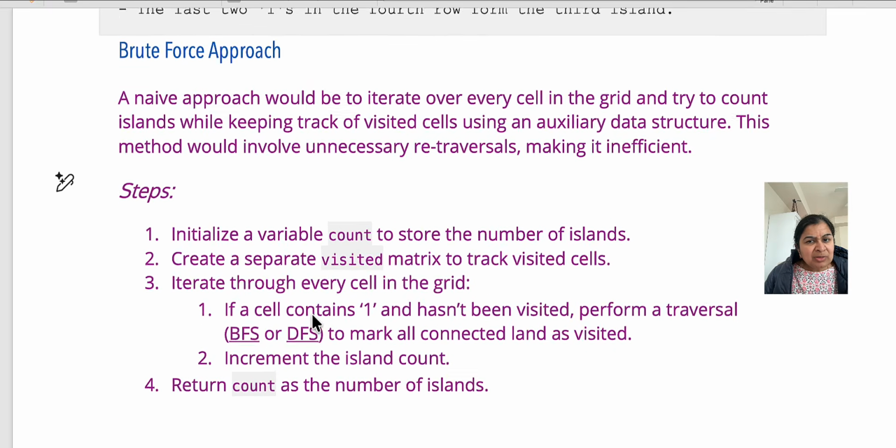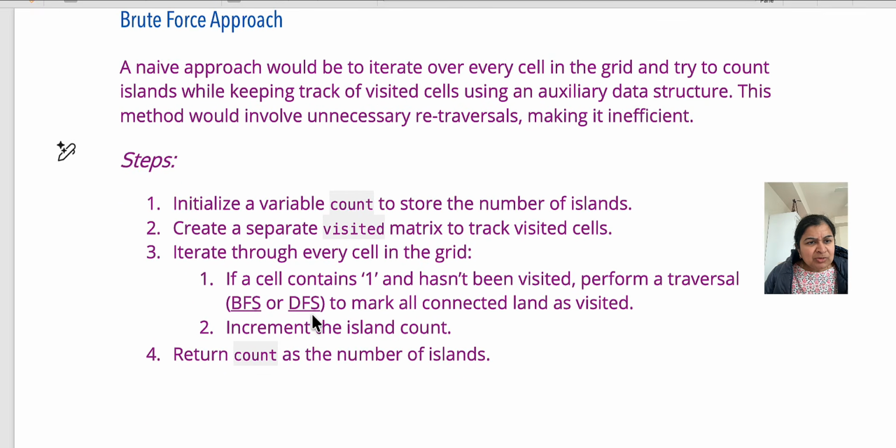For this we're going to be using the brute force approach, a naive approach. What that would do is iterate over all the elements in the grid and try to count the islands while keeping track of visited cells. There'll be a 1 and we're going to change it to 0. Initialize a variable count to store the number of islands, that's an essential part.